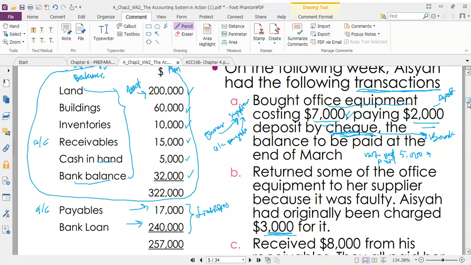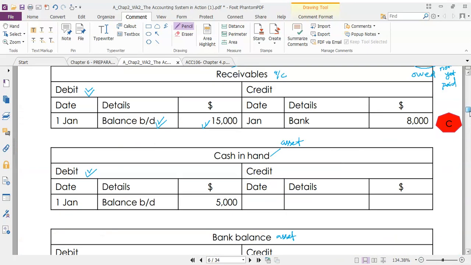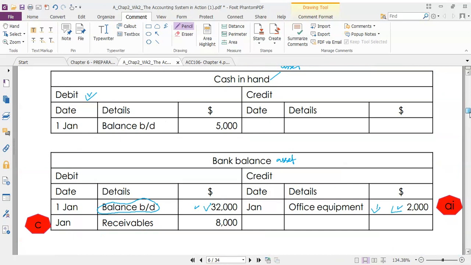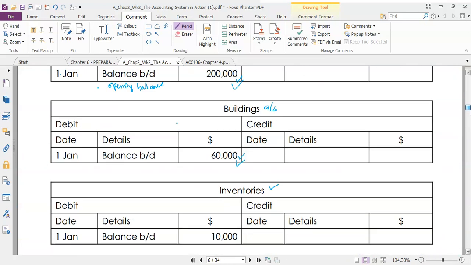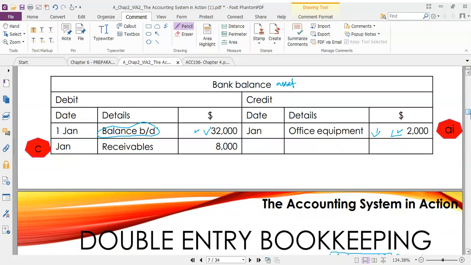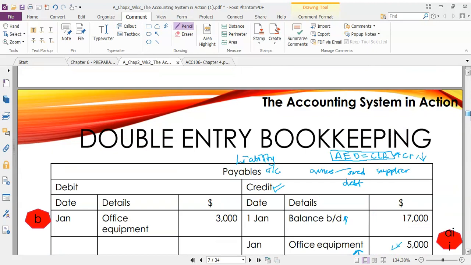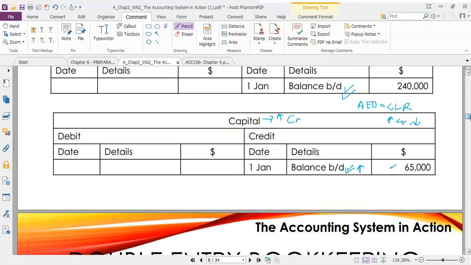Daripada RM5,000 tu, ada kerosakan terhadap barang tersebut, faulty ataupun ada defect, terhadap produk ataupun office equipment yang Aisyah beli. So macam mana kita nak buat? So kena pulangkan balik.